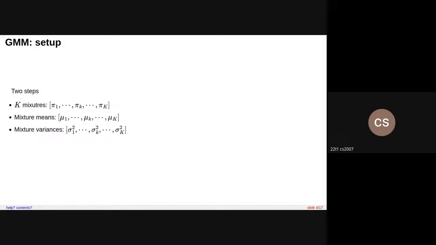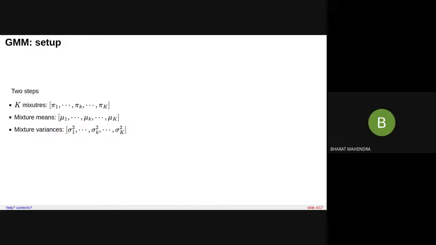So the other thing is, are there any other constraints on these parameters? Apart from the sum of pi k equal to 1, is there anything else? So there's lambda. Right, but lambda comes in the estimation stage. As such, for specifying a GMM, I don't need lambdas.